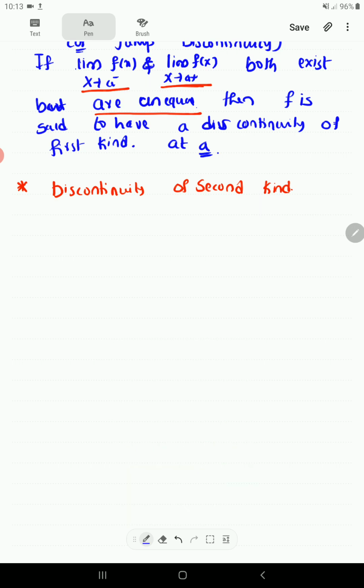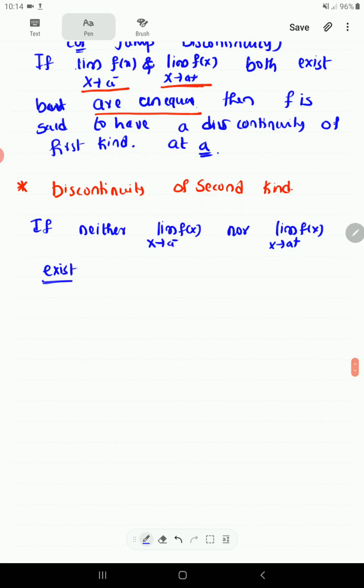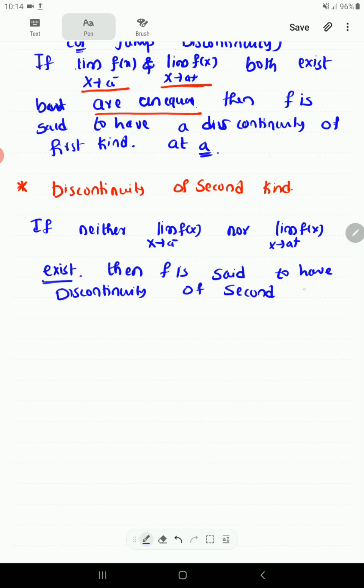Here, if neither the limit of f of x as x tends to a minus, the left hand limit, nor the right hand limit of f of x as x tends to a plus exists, then f is said to have a discontinuity of the second kind at a given point, say a.